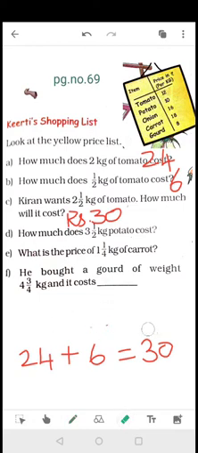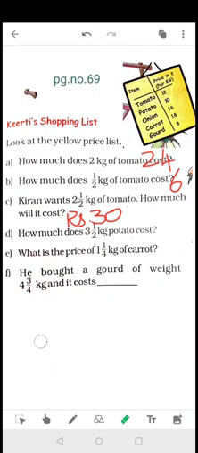Next question, D. How much does 3.5 kg of potato cost? 3.5, we will separate 3 plus half. Correct? Potato. What is 3 kg of potato? Before that we will write where half is coming.